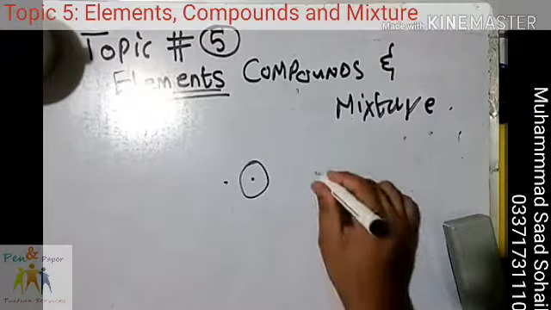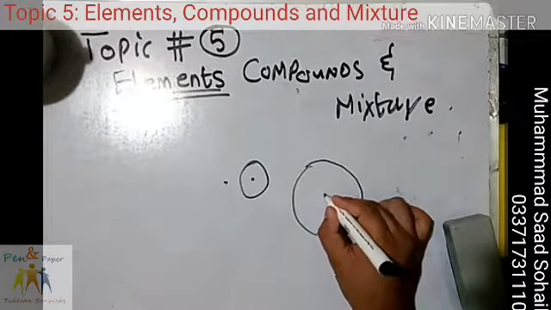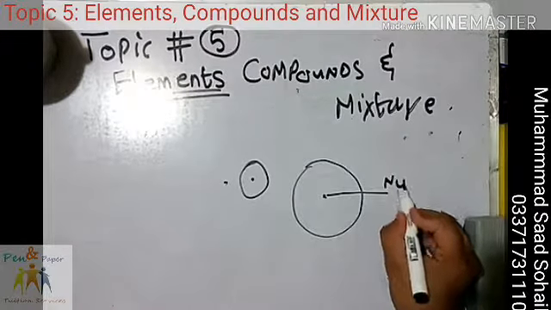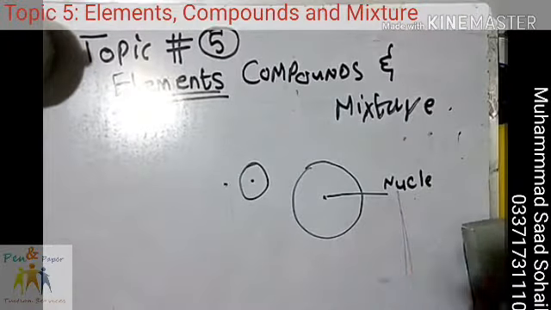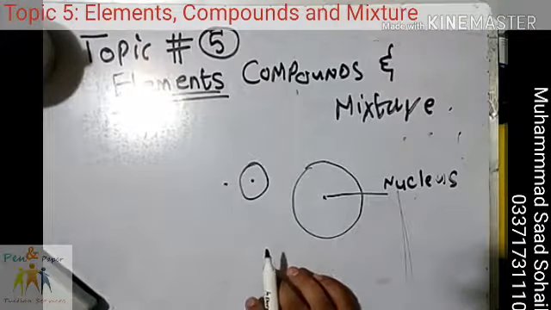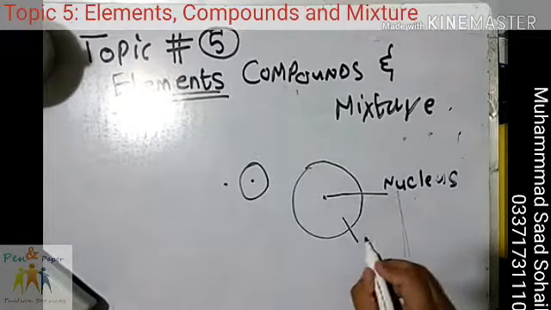If you look at this drawing, let's say there is a nucleus in the center, and this overall is an electron cloud.